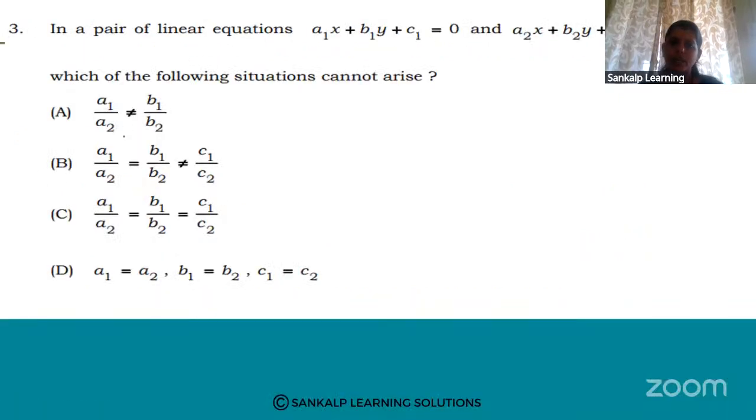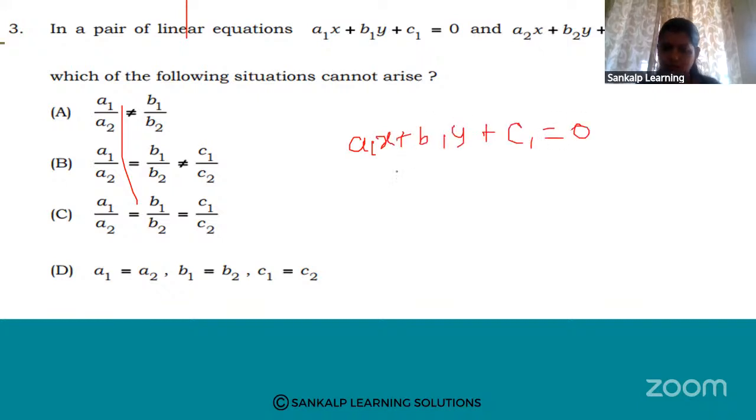Next one. In a pair of linear equations, a1x plus b1y plus c1 equal to 0 and a2x plus b2y plus c2 equal to 0.